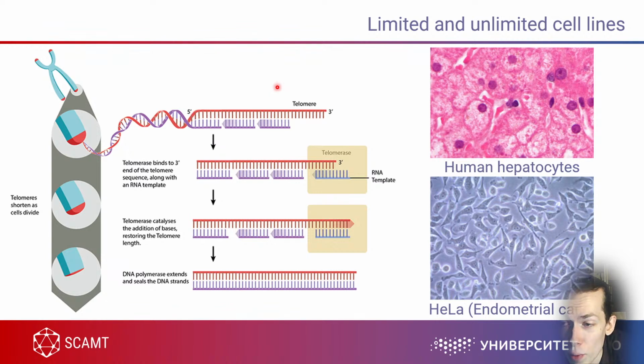So when we are talking about unlimited cultures, even unlimited cultures have some limits. They can accumulate a lot of mutations even during passaging, when you passage them 50 times, for example. And if we look at these HeLa cells, there are a lot of these long structures. For example, here you can see these long structures, and this is not very good for cell cultures to be maintained at this stage.